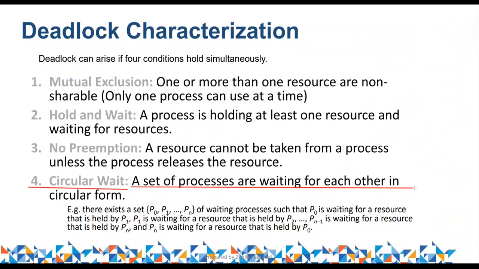Whenever a circular shape is generated just because of this hold and wait process, we will say that the possibility of deadlock is there. If you remember, it is like a loop, a circular shape, okay? Whenever the processes are waiting for each other, when they will release the resource, and this waiting and holding situation creates a circular shape, then we will say the possibility of deadlock is here. And let me explain how.